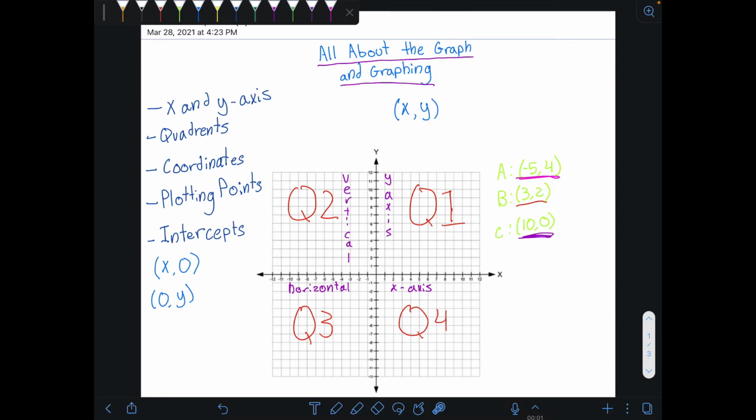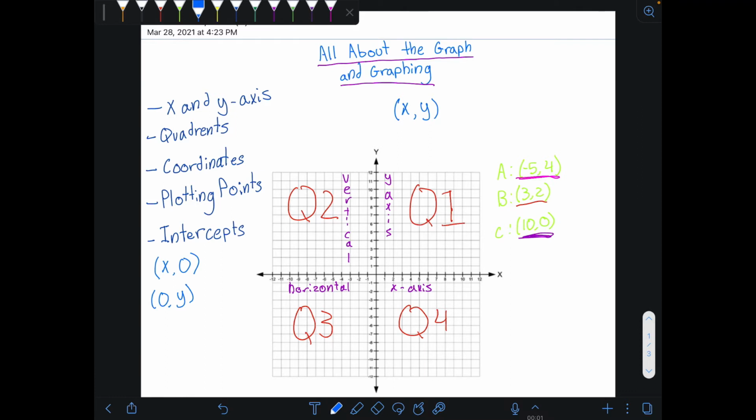And you can notice we have x-axis and y-axis. So you'll see how that works in a second. So let's just plot this point A first, and I think you guys then will be able to notice how it works.